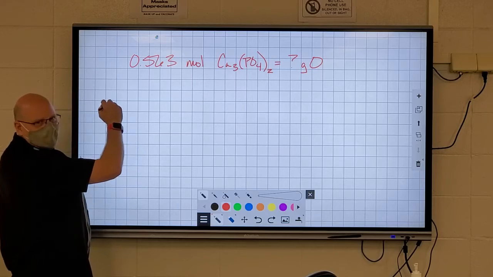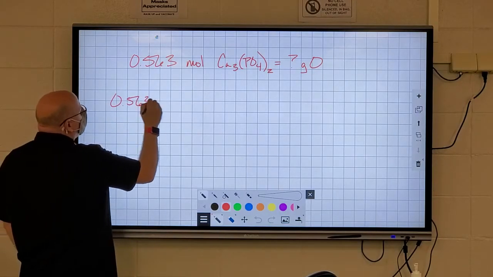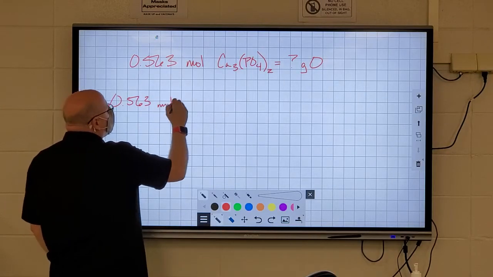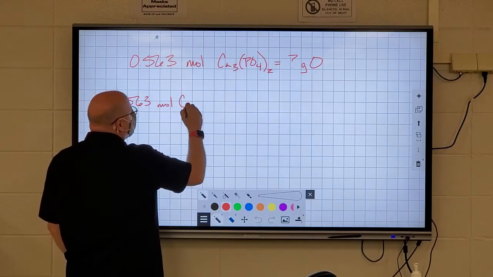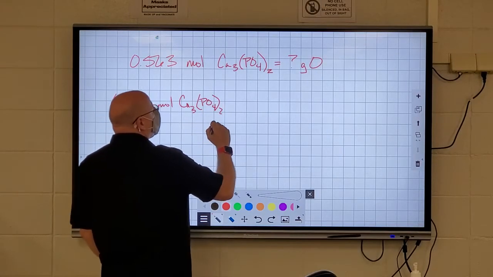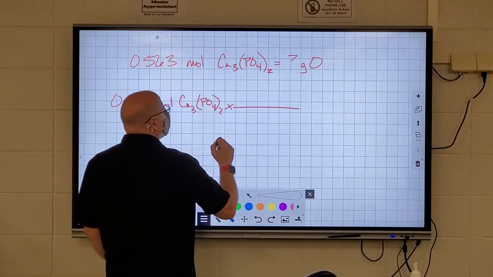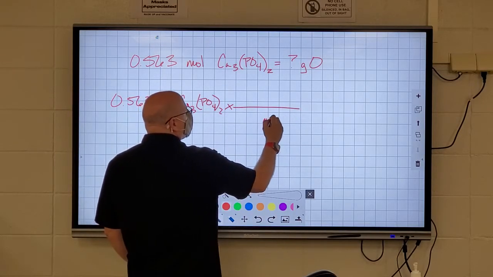Give it a shot. The 0.563 moles of calcium phosphate. And then times, and then on the bottom, we'll do the moles of calcium phosphate and just one.